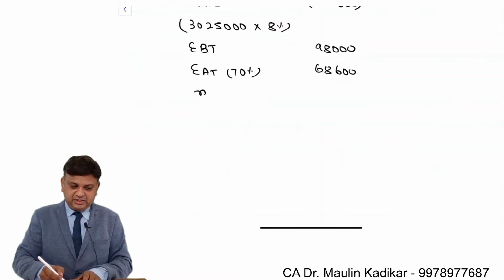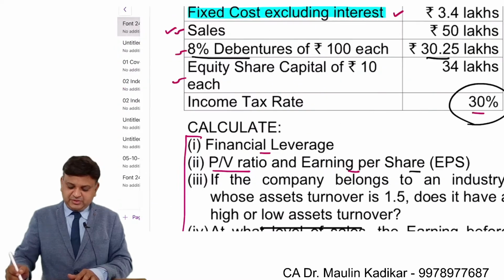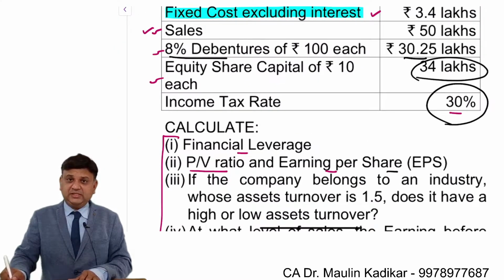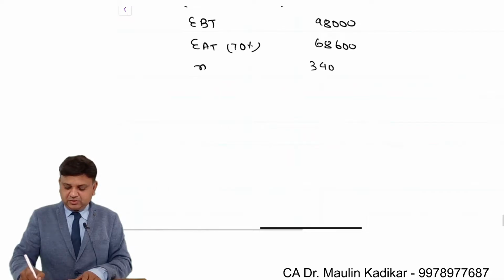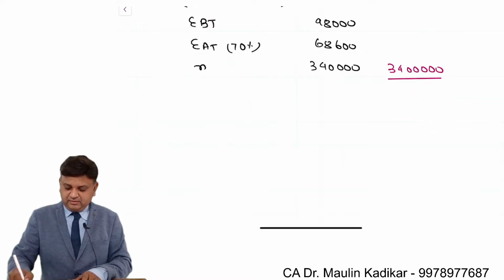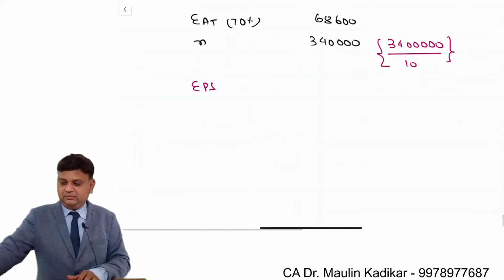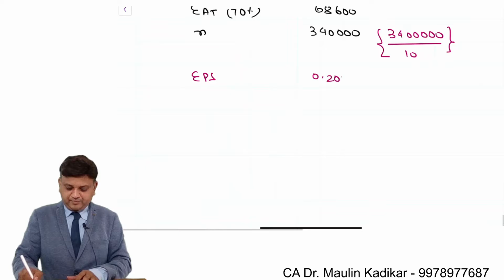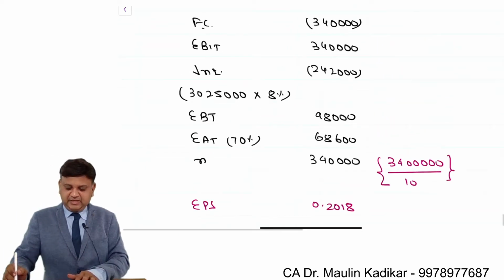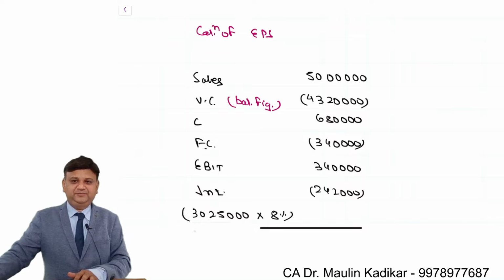Divided by the number of equity shares. We have been provided with the information that equity share capital is 34 lakhs and face value is rupees 10. So number of equity shares are 3,40,000. It is 34 lakhs divided by 10. That is the way we are required to make the calculation of earning per share. It is 0.2018. This is the way the EPS can be calculated. Write an answer.